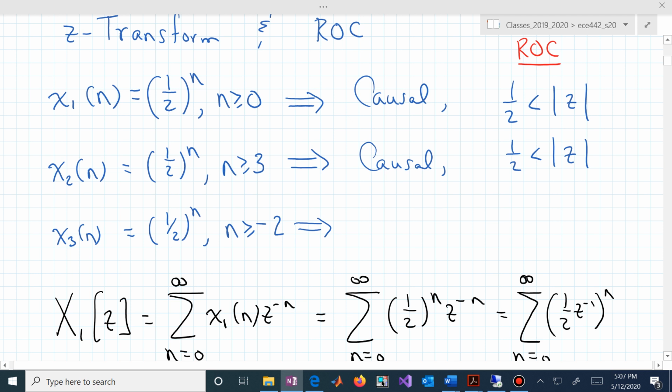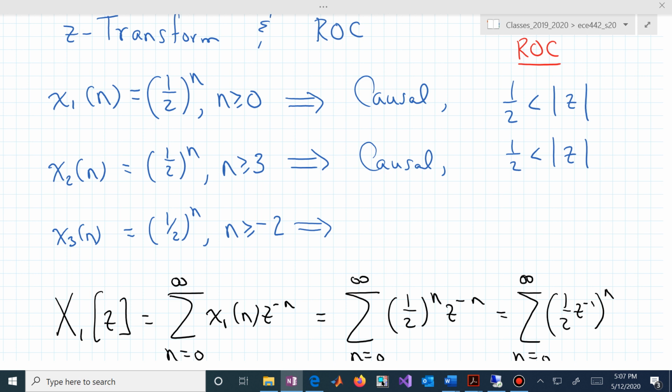Even though we've started later in the time index, our common ratio is the same, and so our region of convergence, again, the values of z that cause that z-transform expression to have a bounded result are those values of z that live beyond 1/2 in the complex z-plane, and it's not restricted to being less than infinity.